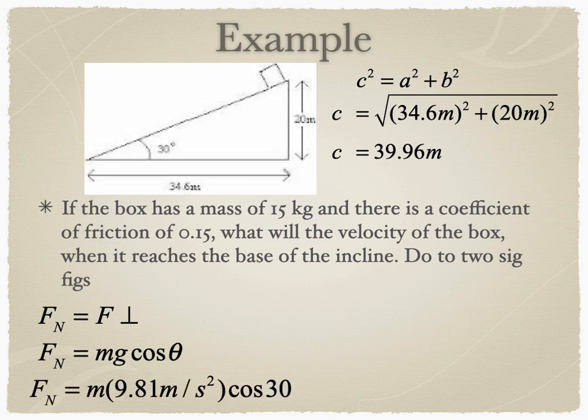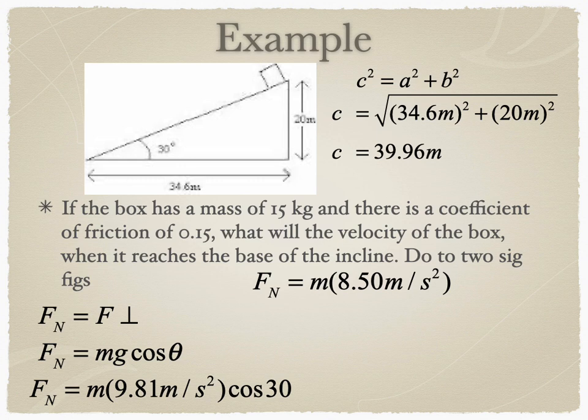Now I've partially filled out this equation. I haven't bothered putting my m in because I'm hoping later on when I do my bigger equation that all my m's cancel out. If not, I will substitute my value in later. So I've got my force normal equals m times 9.81 times cos 30. Which, if we simplify that bit, becomes m times 8.5.